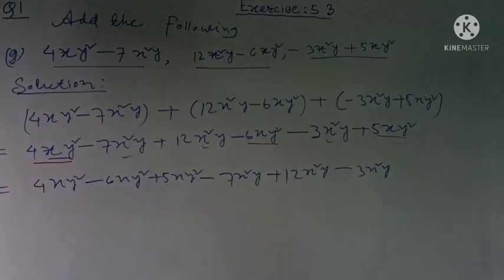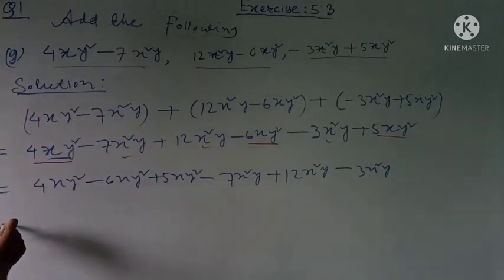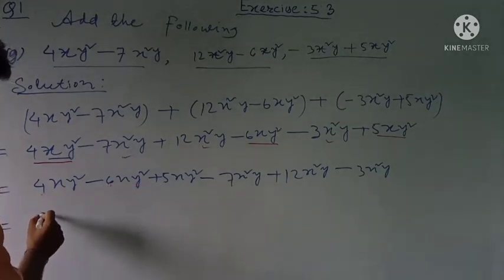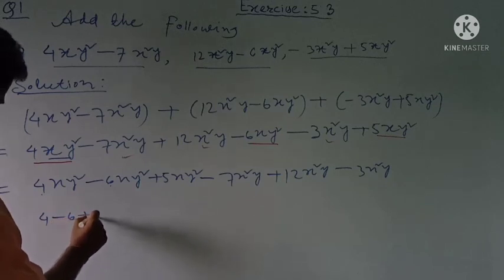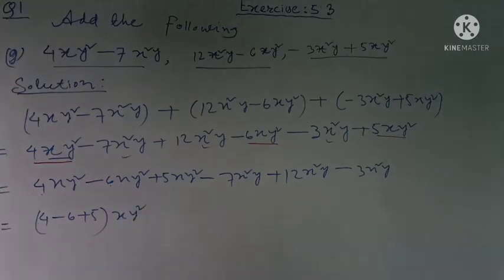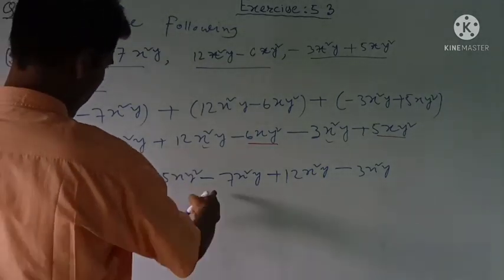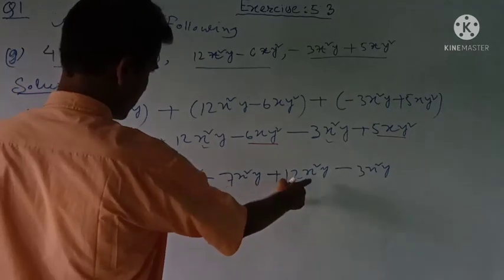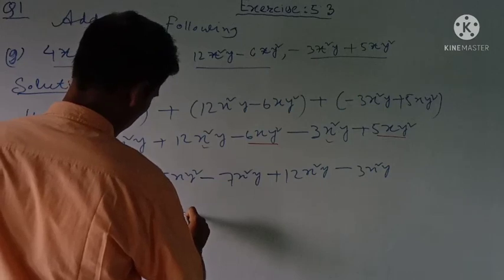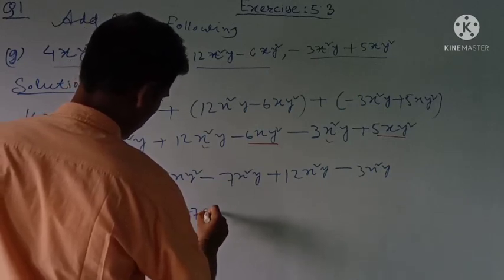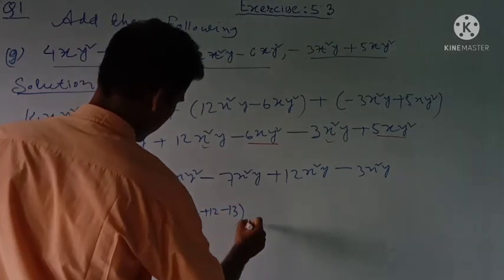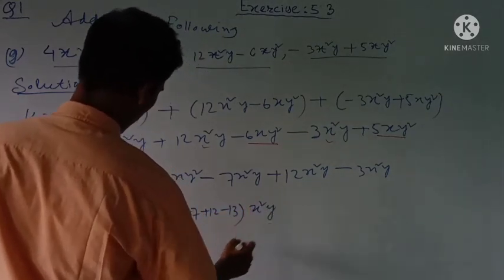Now in the following step you see what you got here: 4 minus 6 plus 5, into xy square. And here minus 7 plus 12 minus 3, into x square y.